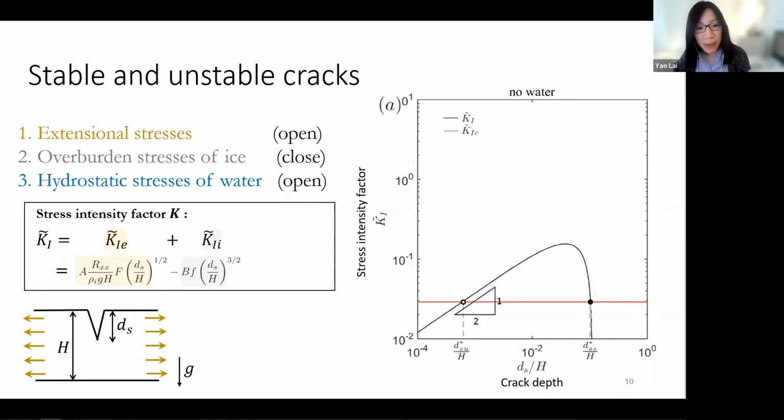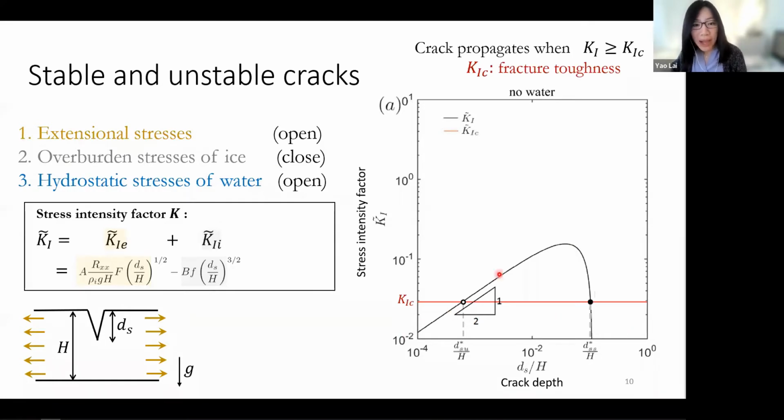And this black curve is the stress intensity factor calculated from the contribution of both the extensional stress and the overburden stresses of ice. And the crack only grows if the black line is above the red line, which is the fracture toughness, and it is related to the energy required to break the ice.